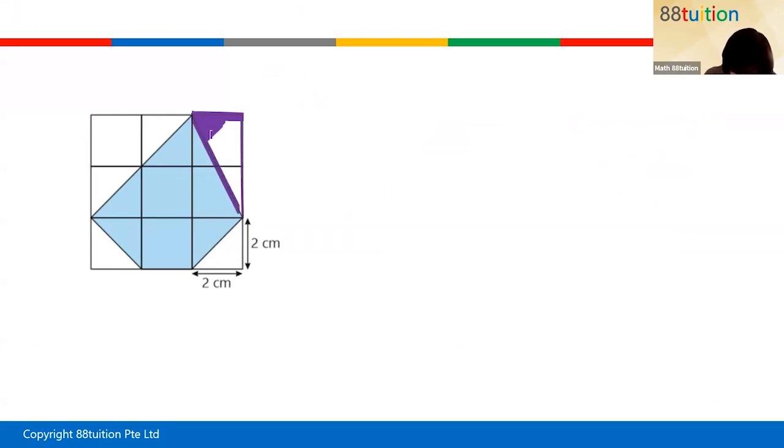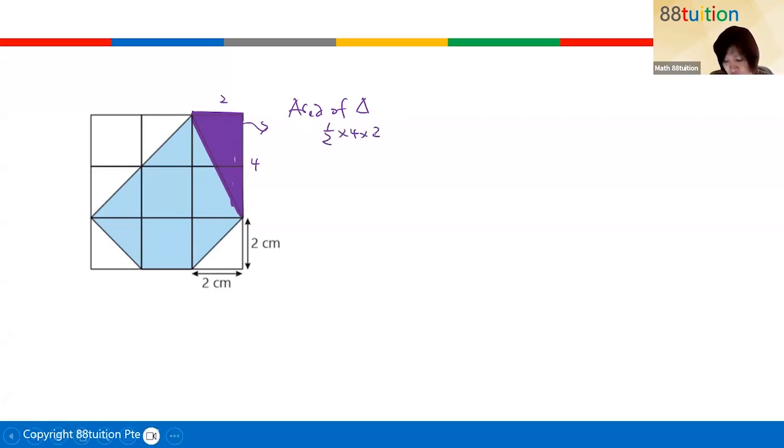Because you can have the so-called area of the triangle in purple first. Okay, so I color this in purple and then you find this area. Okay, so let's check. Area of triangle. So this one will be 4 by 2. Right, so 4 by 2, it will be 4 cm squared.